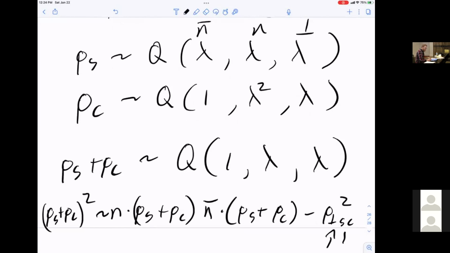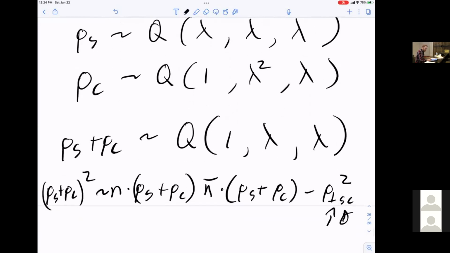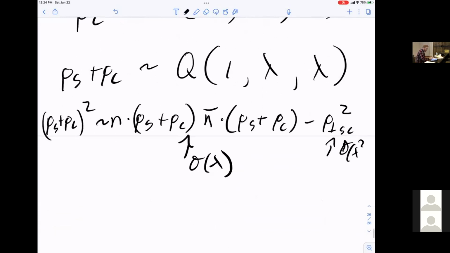This term is order lambda squared, whereas this term is order lambda. Which means if I had some propagator in my theory, I would expand out this component and I'm now going to be left with something that looks like 1 over my light cone direction dotted into my momentum.